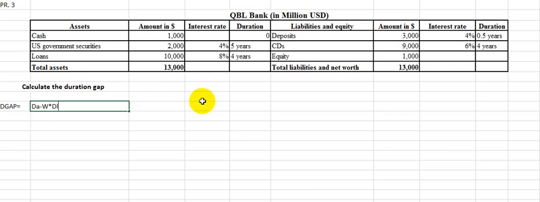Now let's start with calculating the duration of assets. So it's equal to the sum of assets.